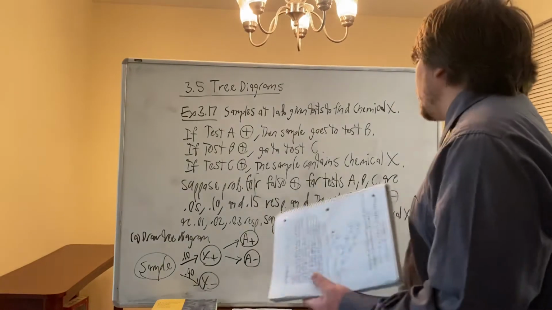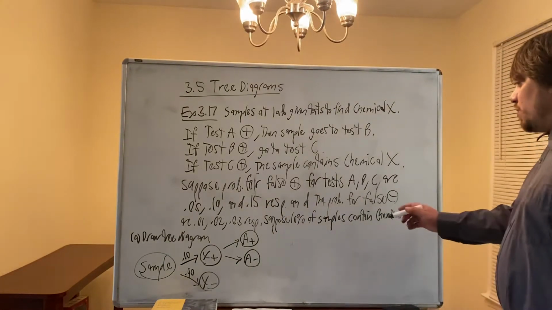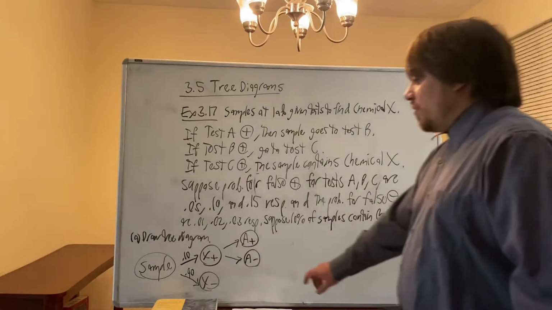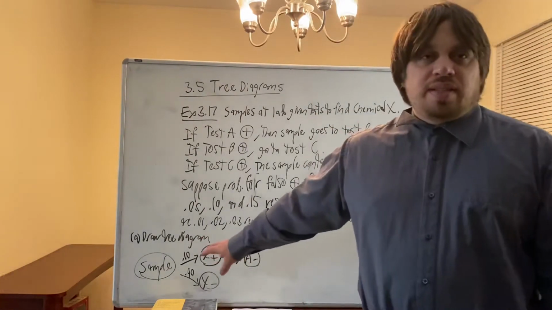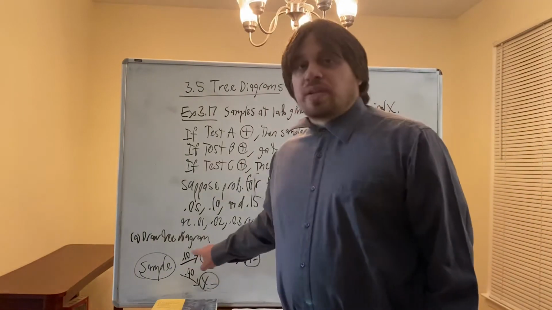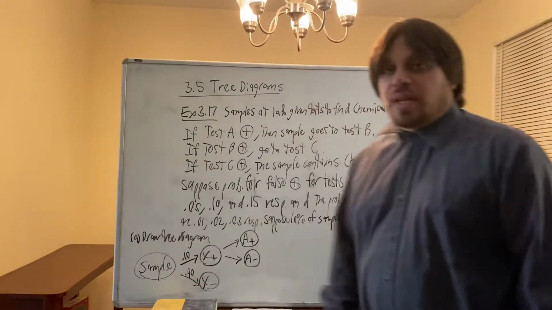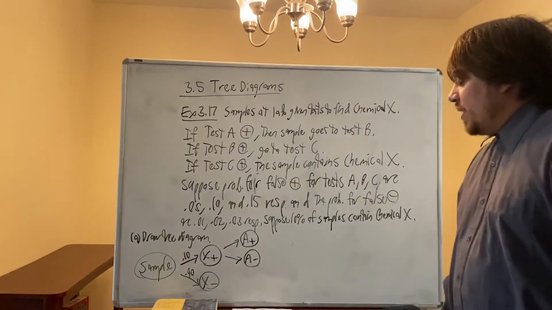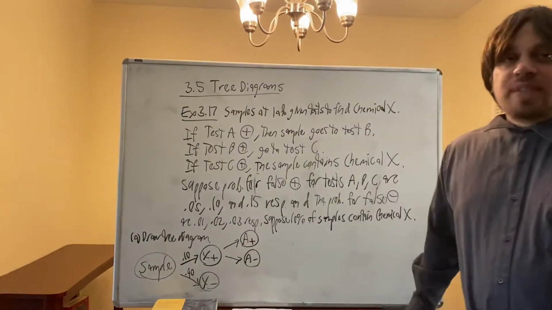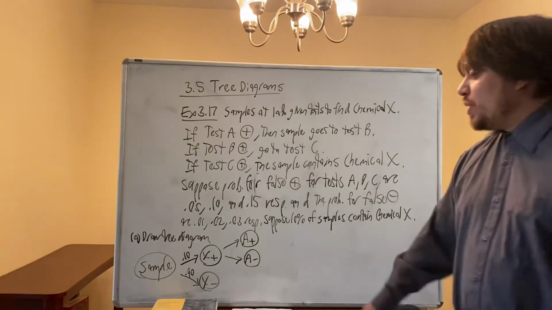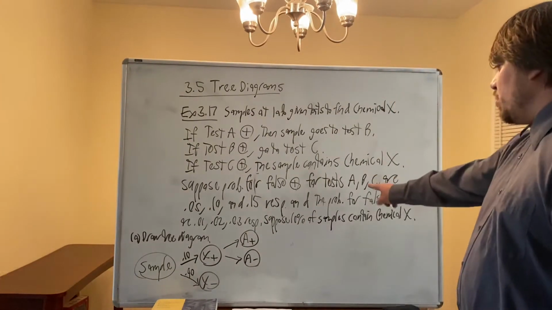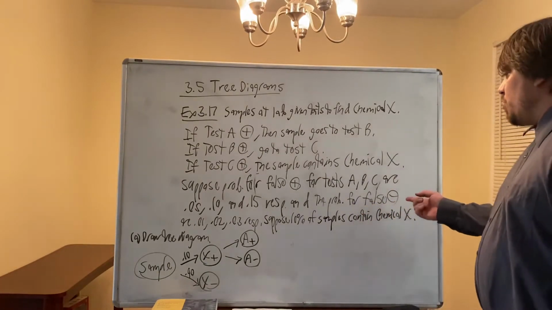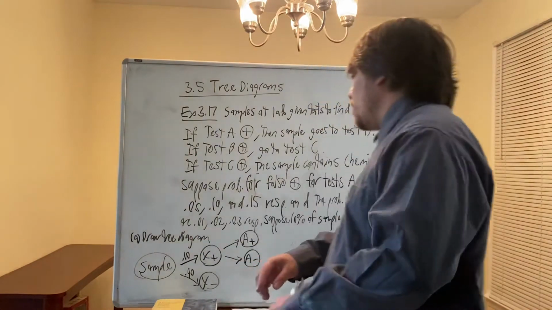Right? The chance of test A coming back positive, we have to work backwards a little bit here. Test A, first off, chemical X is in this sample. You went in this direction. So chemical X is in your sample. And so if test A comes back negative, if test A tells you chemical X is not there, there is a chance of that because test A is not foolproof. There's a possibility that it's wrong, that's a false negative. So the probability of a false negative is 0.01.